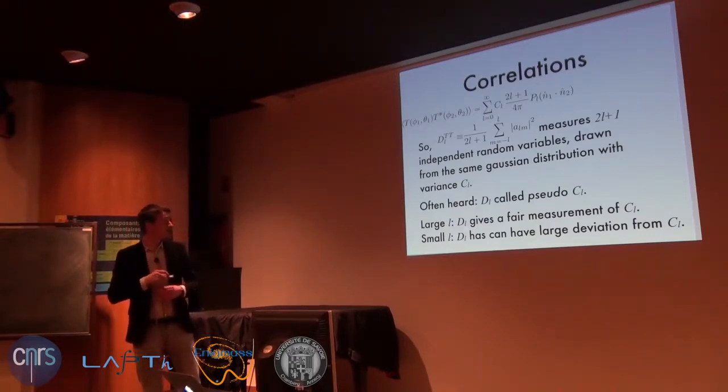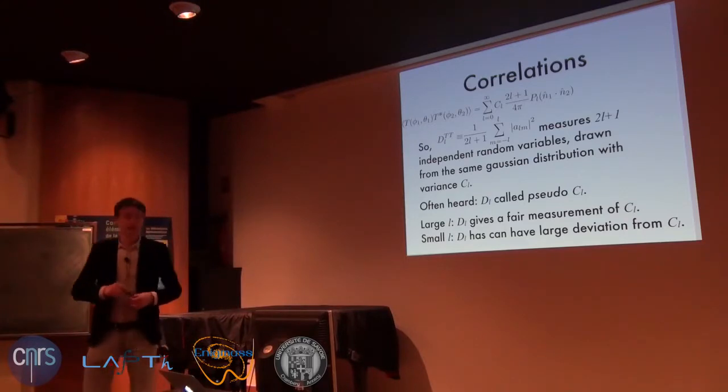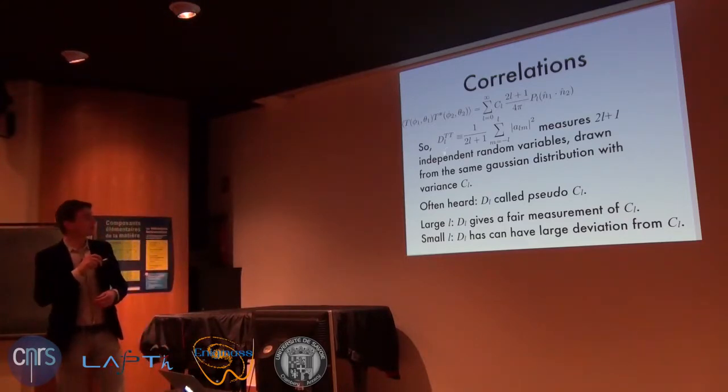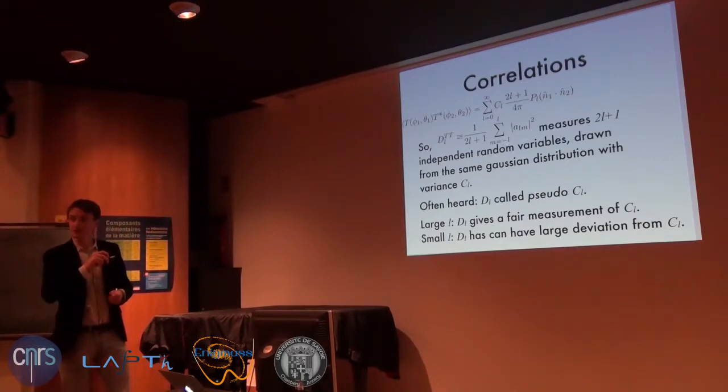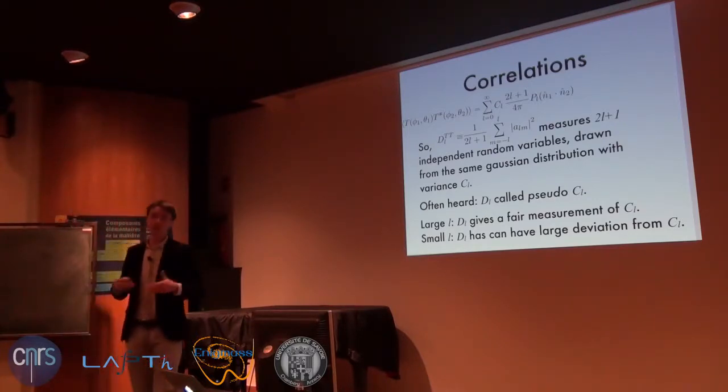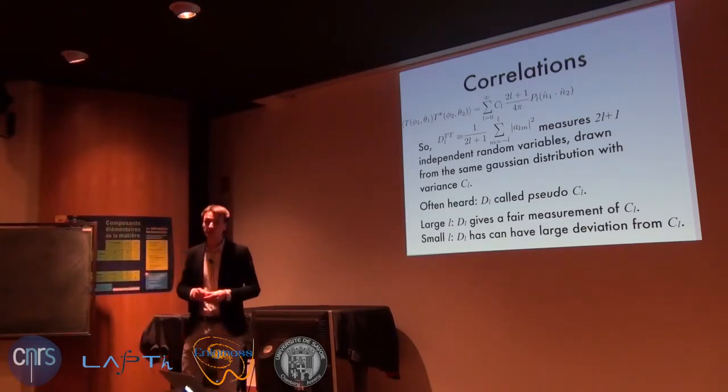And here you have the answer to your question, Geneviève. Since DL is a pseudo measurement of the correlation function CL, it depends on 2L plus 1 coefficients. So if you go to small L's, large angular scales, this is a sum over only very few numbers. So you're sampling only very few coefficients of your distribution, which means that you have a very large error on your measurement.